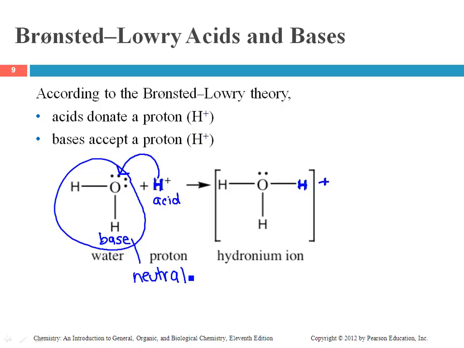But it gains a proton which has a positive charge. So it's going from neutral to positive. So you also see it written like this. Okay, this is our Lewis structure here that we learned how to draw. But you also see it written as H3O+. This is also known as hydronium ion. So it's basically a protonated water. It's got an extra proton.